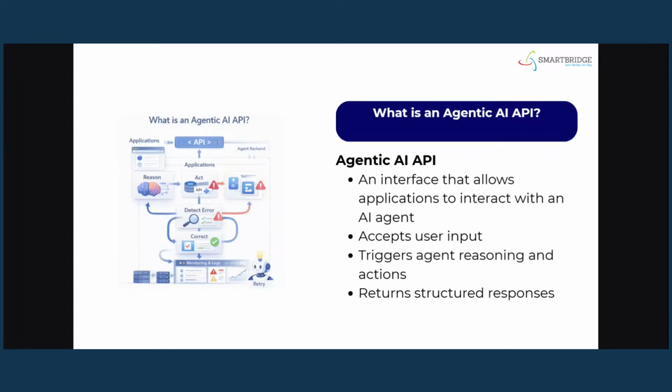Okay, let's talk about what an agentic AI API actually means, right? So why is it important in modern generative AI systems? Do you have any idea why it is important in modern generative AI systems? Let's make this an interactive session so that it would be more interesting, right?